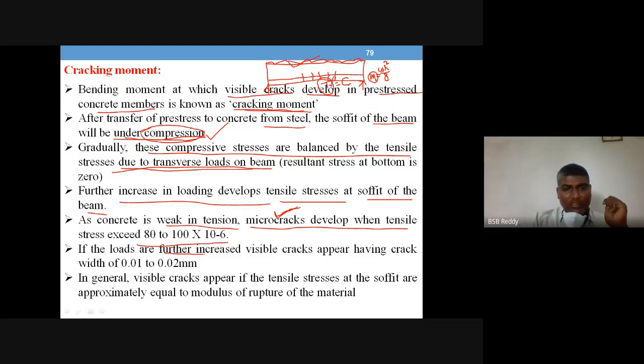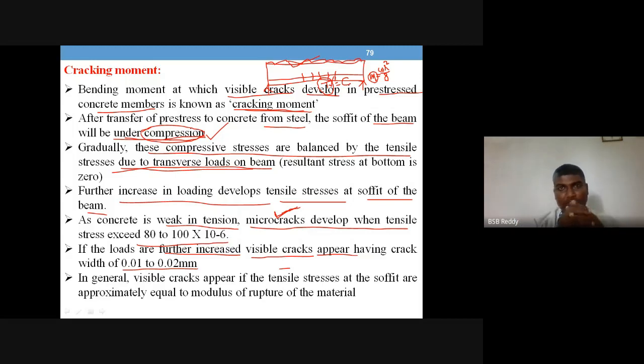Then if the loads are further increased, visible cracks appear and the cracks will come onto the surface. To see a crack, the width has to be minimum 0.01 to 0.02 mm.